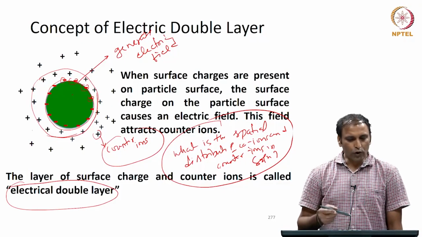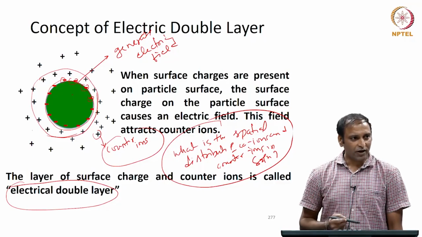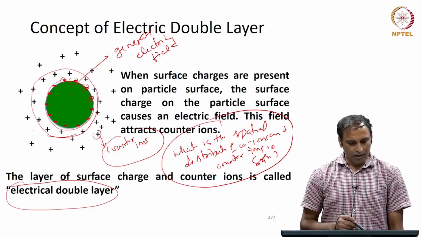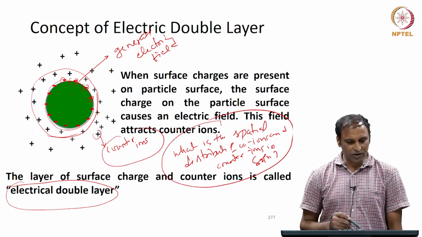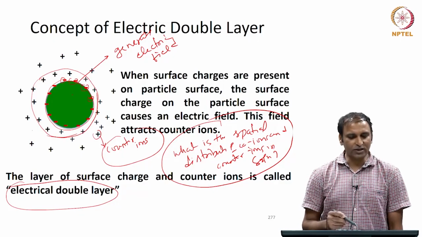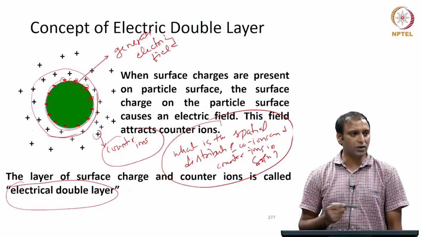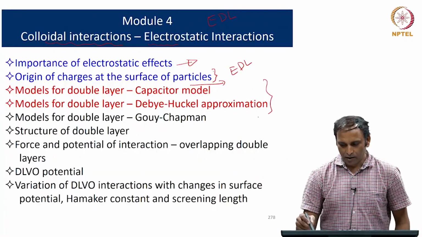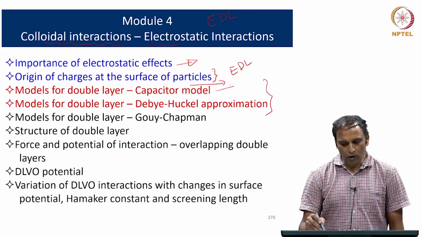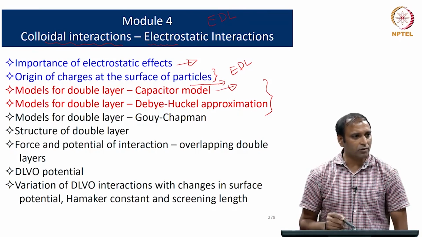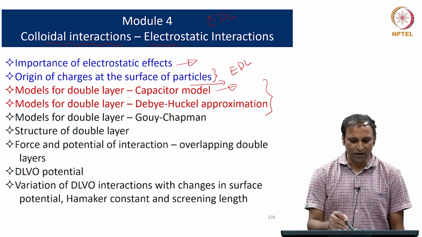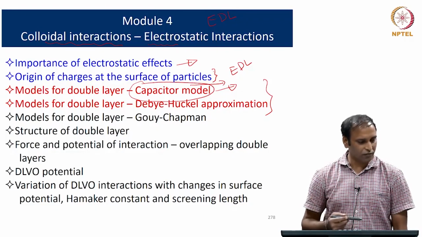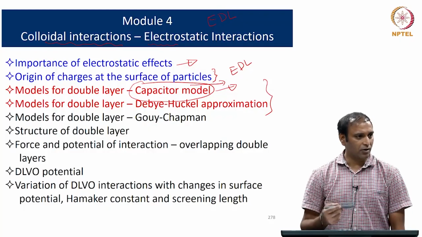So, we are going to look at some models in which people have proposed different depictions of the distribution of counter ions and co-ions in solution. In that context, there are some old models which are not valid anymore. But this capacitor model, which I am going to discuss, started off the field of electrical double layer models.